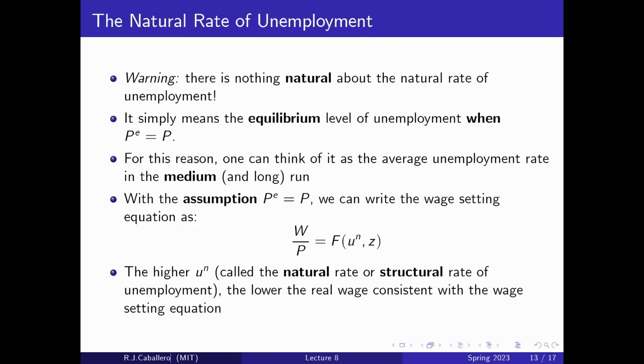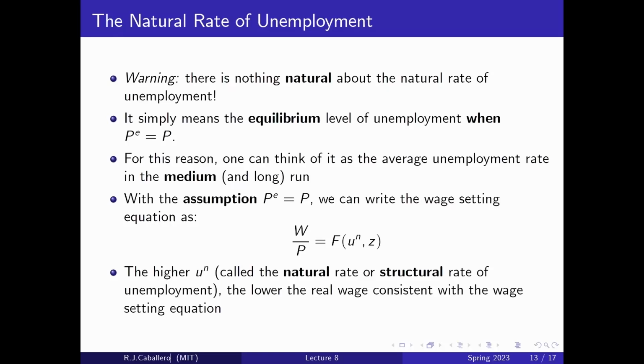So all that we did was to replace in the wage setting equation the expected price with the actual price, and then we divided both sides. And now we have this real wage demand by workers when the price is equal to the expected price, and we also had a price setting equation. And I said, when we replace P^e with P, then I get the right to put an N superscript there. That's the natural rate of unemployment, because that's my definition of the natural rate of unemployment.